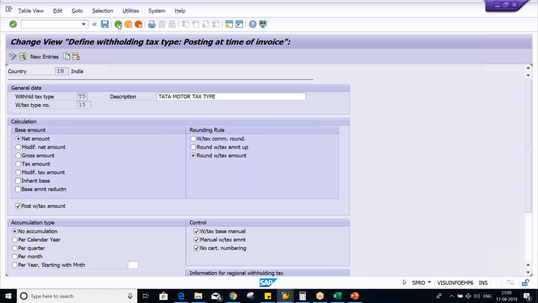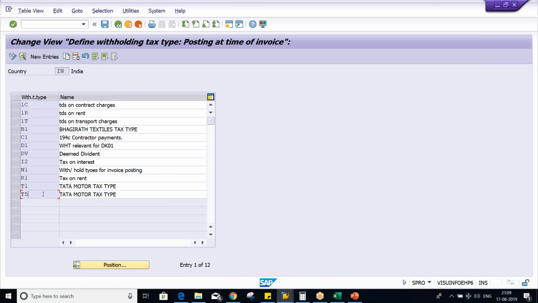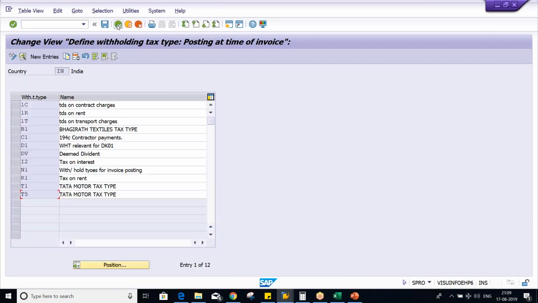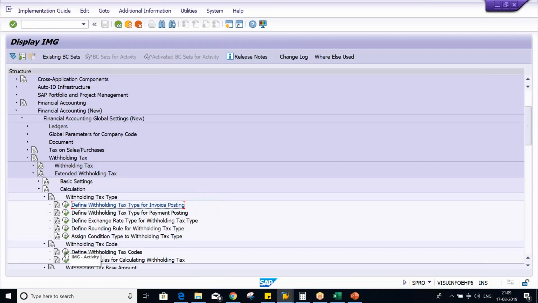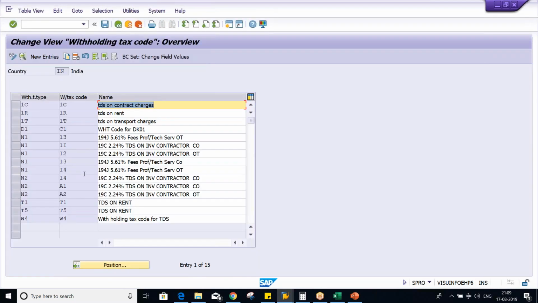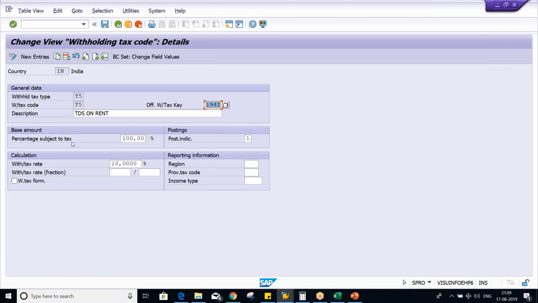I'll just do one thing, guys. If you look at here, now I've shown here right now base amount is net amount. It means that is your invoice amount. Come back. And here I said like tax code determines the tax percentage. Apart from this, it also determines, look at here, percentage subject to tax.